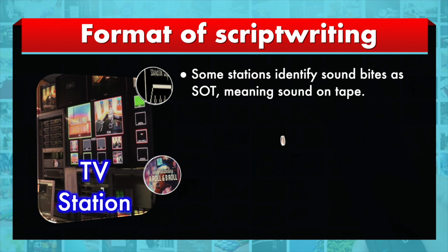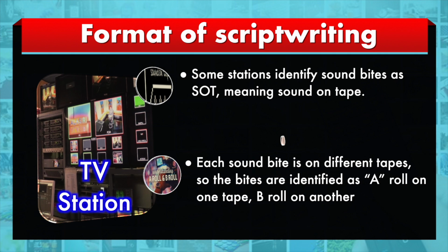TV stations have different methods of writing directions. Some stations identify sound bites as SOT, meaning sound on tape. In some other stations, each sound bite is on a different tape, so the bites are identified as A roll on one tape, B roll on another tape, etc. The script should contain a slug that producers usually assign.